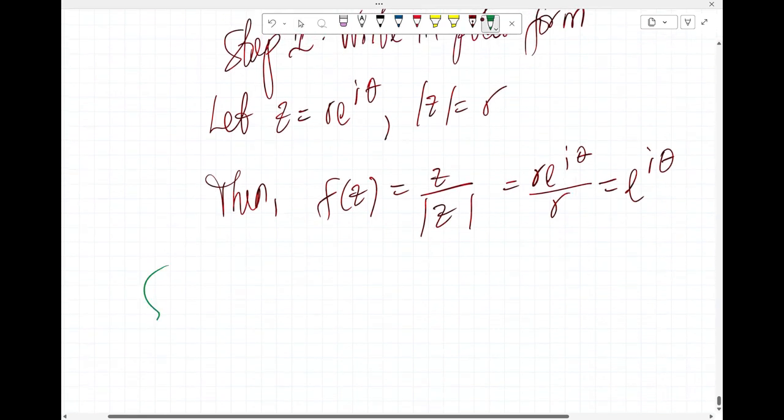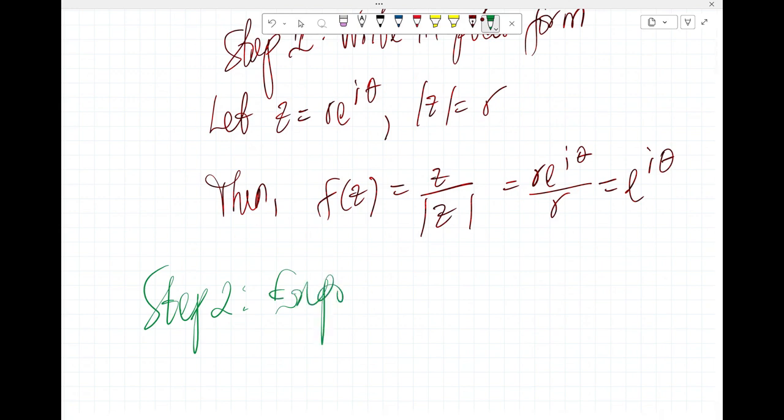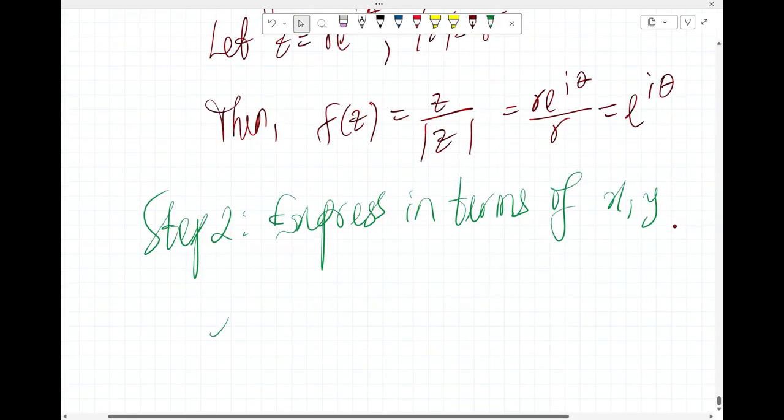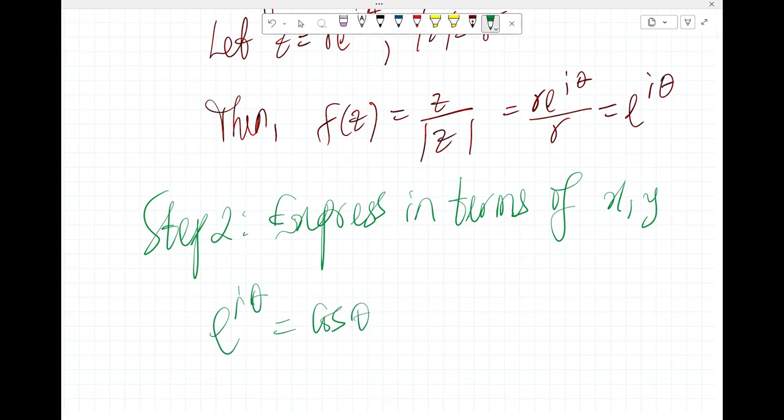So step two now, you can express this in terms of x comma y. So e raised to the power i theta can still be expressed in terms of x comma y, because we know that e raised to the power i theta is cos theta plus i sine theta.